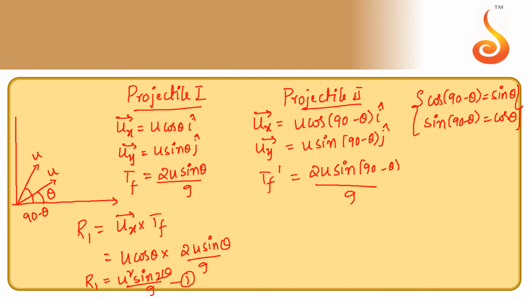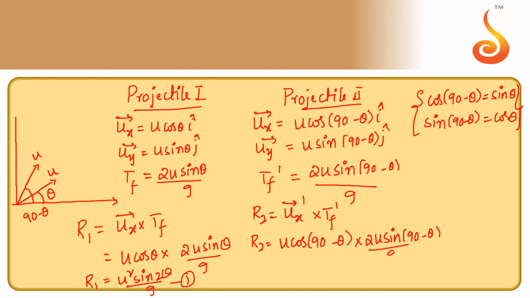And let us look at the second range. Range of the second projectile, R2, would be the initial velocity of the second projectile along the x direction into the time of flight for the second projectile. So R2 would be u cos (90 minus theta) into 2u sin (90 minus theta) by g.